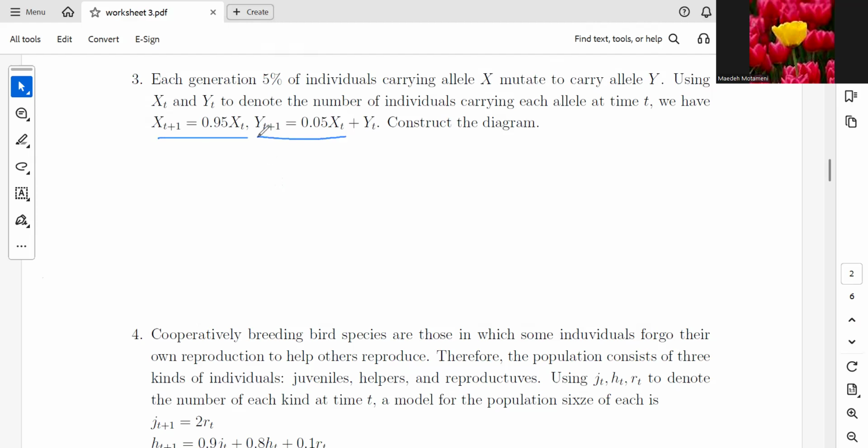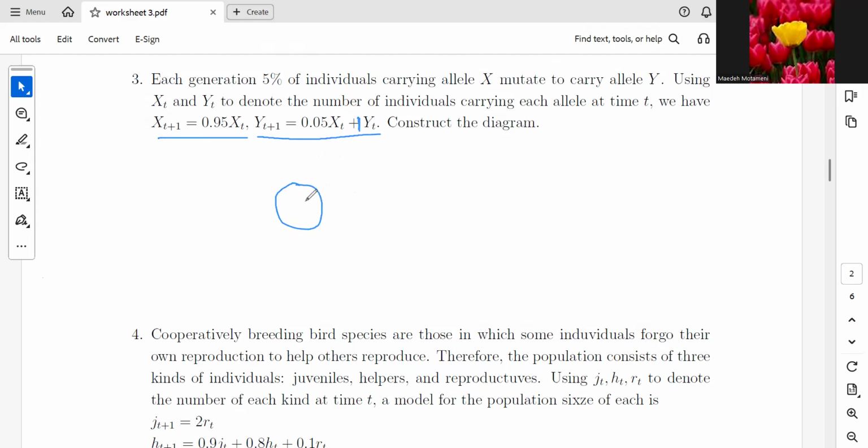And also y sub t plus 1 is a combination of 0.05 x sub t plus actually 1 here multiplied by y sub t.